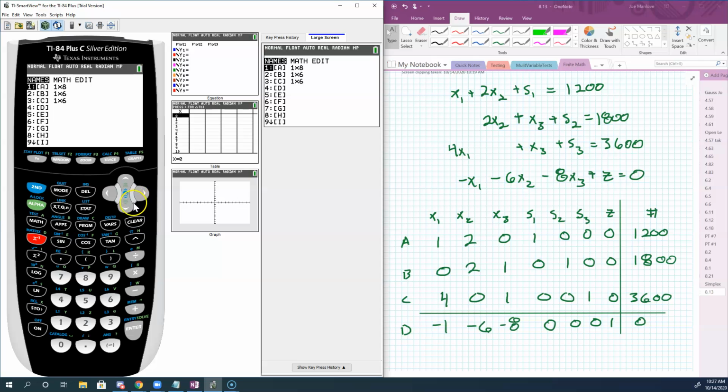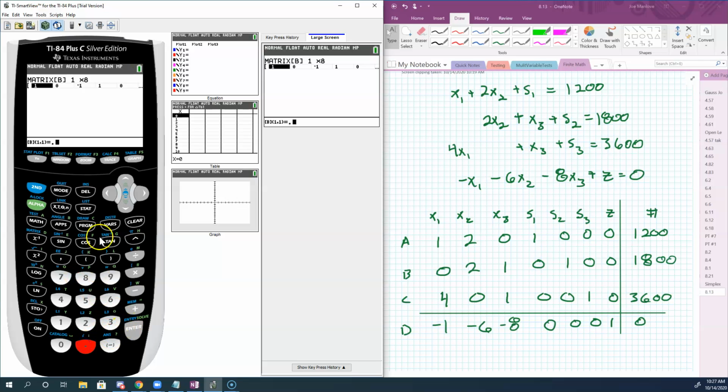So let's go second matrix, and I need to edit matrix B, which is going to be, again, 1 by 8. And that one's going to have 0, 2, 1, 0, 1, 0, 0, 1800.